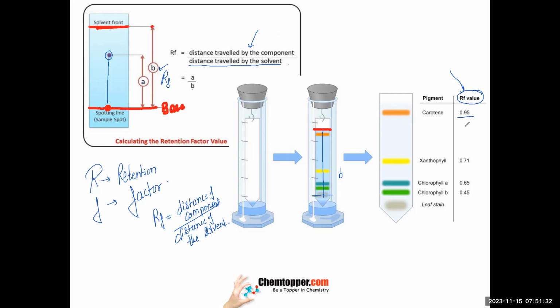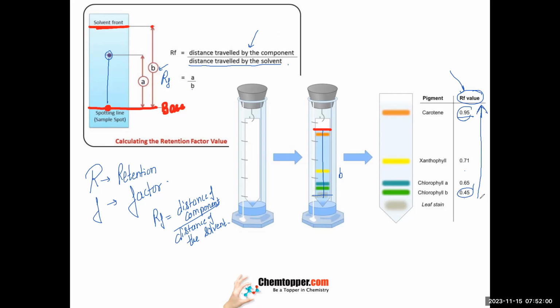Now look at the RF value. What is happening to the RF value? Is it increasing or decreasing? 0.45, 0.65, 0.71, 0.95. Is it increasing? It's increasing, Nisha. See from here to here. Always look at the arrow.